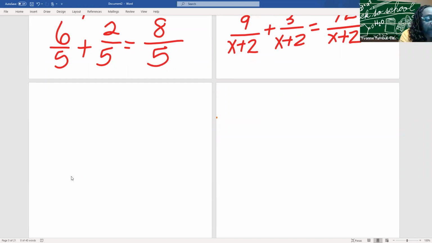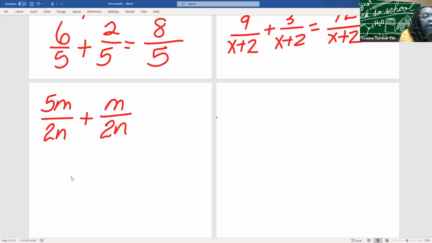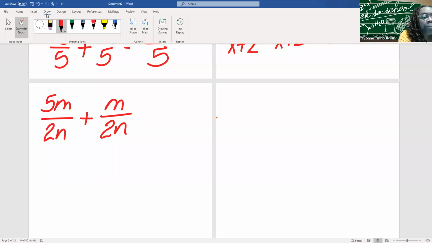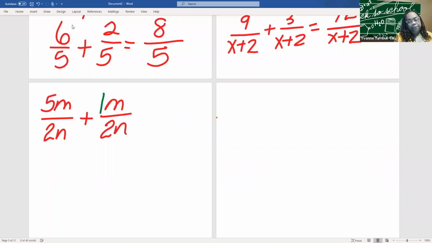Okay, here's one. We have 5m over 2n plus m over 2n. My suggestion is, if you do not remember, write that invisible coefficient.